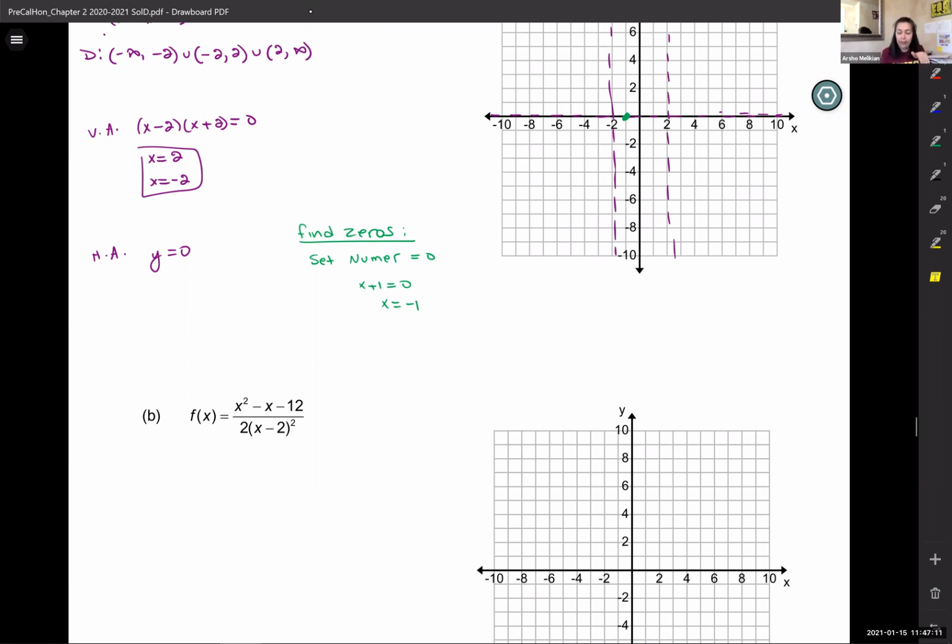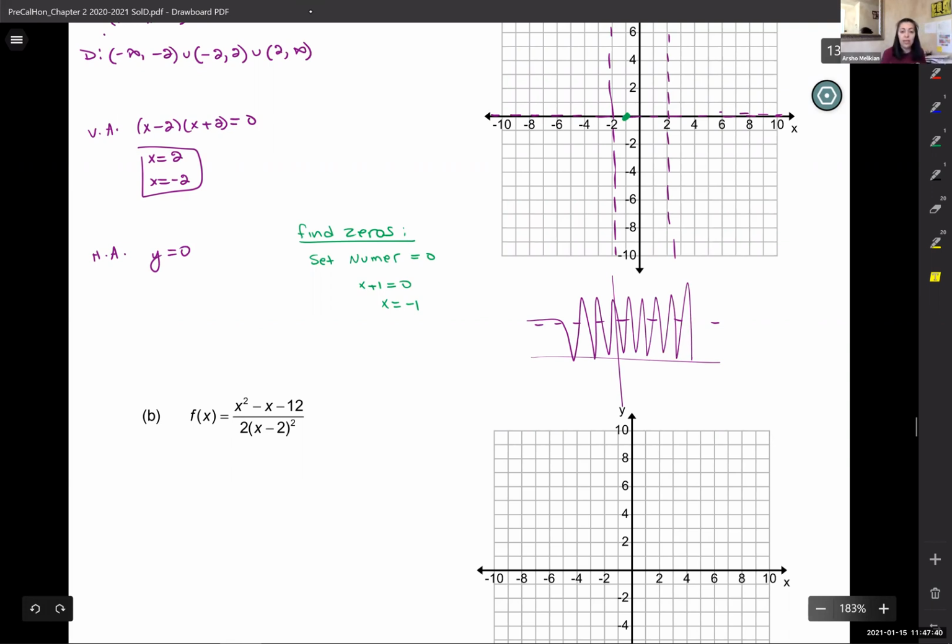Horizontal asymptotes only take effect at the infinities. It's the limit as x approaches infinity. That means it is only an asymptote at the ends. So in the middle, the graph can cross the horizontal asymptote 1,000,000 times, as long as it takes effect at the infinities. So that's an important thing I always make a big deal out of.